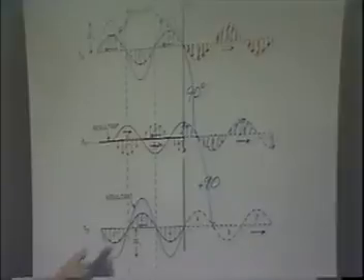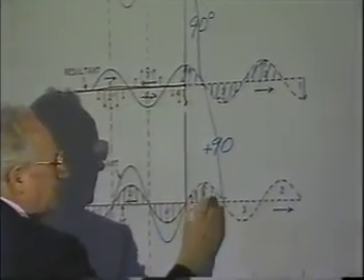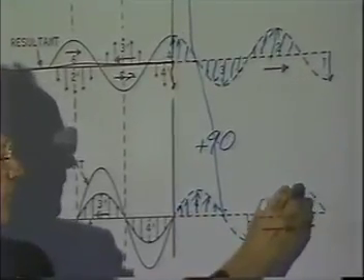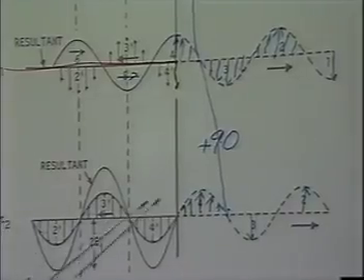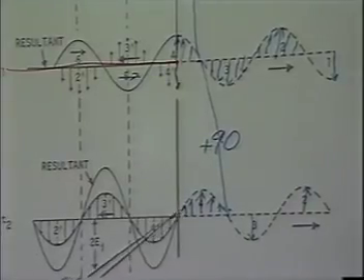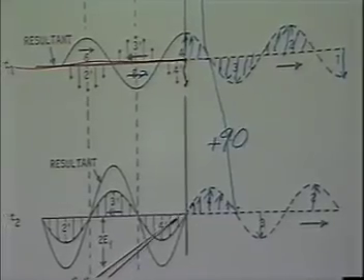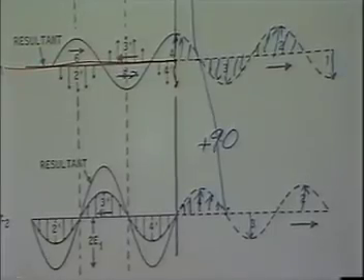To make it very simple and agree with what we did before, I'm going to only draw these waveforms here to show the major points of interest. Instead of traveling to the right 30 degrees, the wave traveled to the left 30 degrees. Instead of being positive like this, it is negative because it reversed the phase at the short circuit.